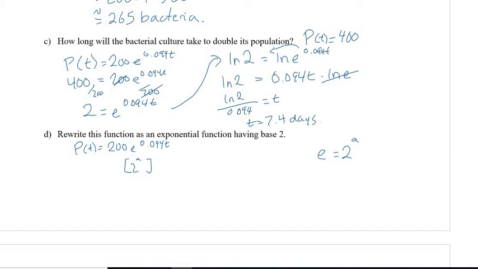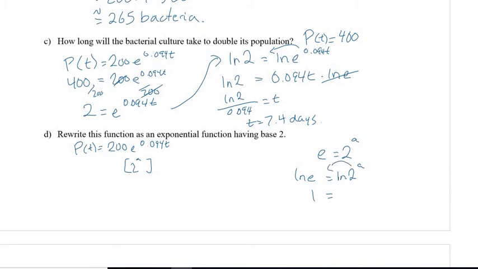So in this case, I think we're going to have to take the log base 2 of, actually, it doesn't really matter either way. Let's take the natural logarithm of e, because it will get rid of that e. So now that's going to be 1 on the left side, and natural logarithm of 2 to the a.